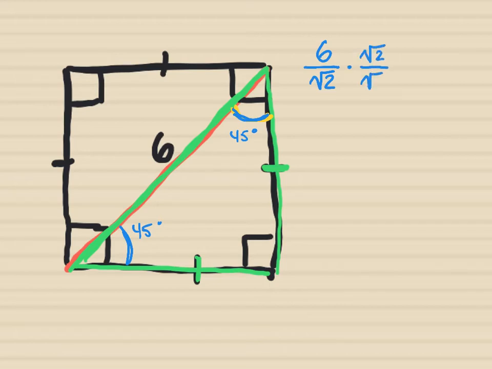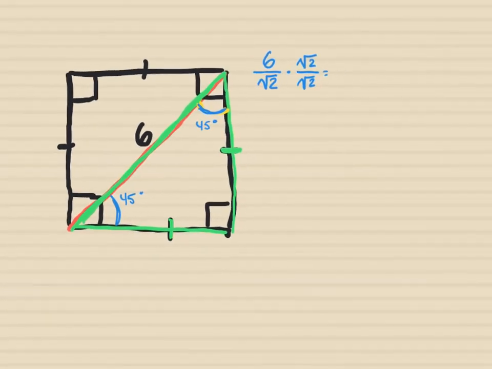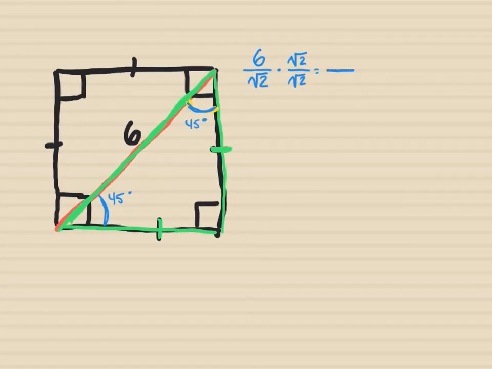The top is 6 square root of 2 for now, and the bottom gives you the square root of 4, which is 2. Then you get 3 square root of 2. So this is 3 square root of 2. This is 3 square root of 2.